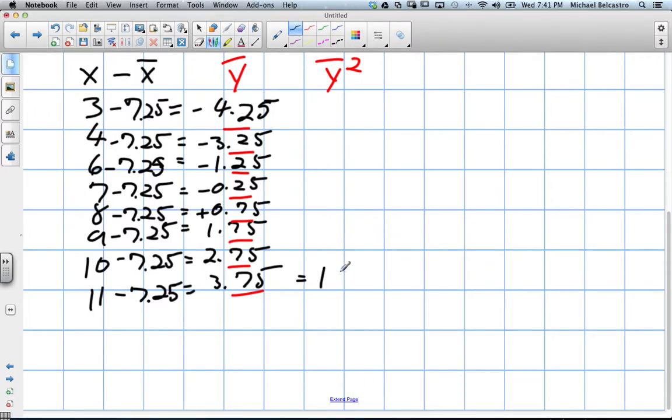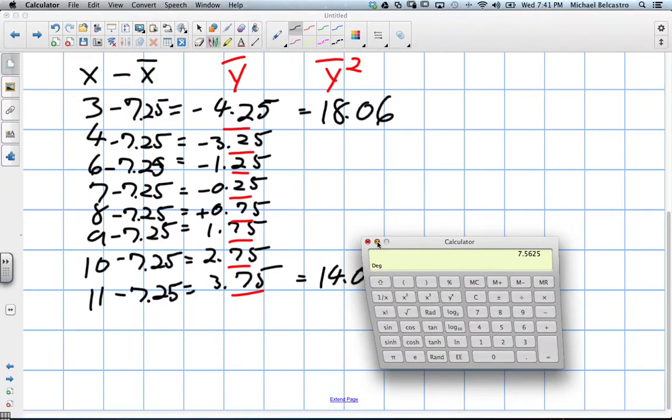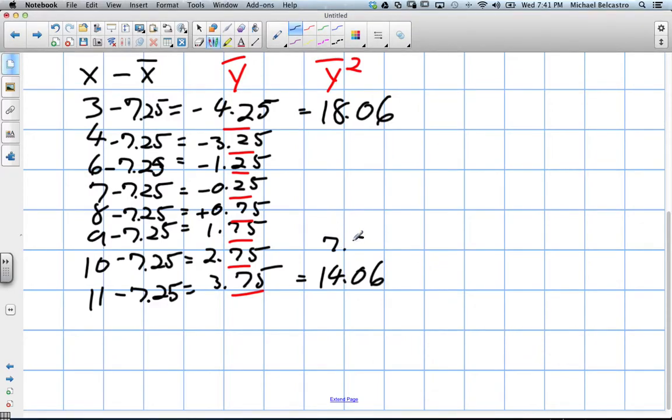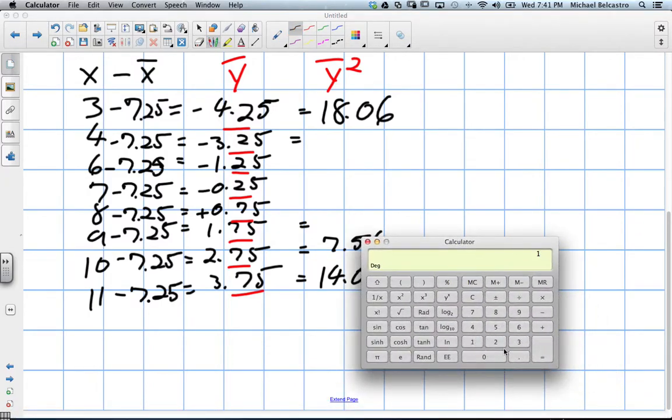18.06. Okay, I'm going to start from the bottom. You go from the top. That way we can speed this up. What did you get? Oops. It's okay.